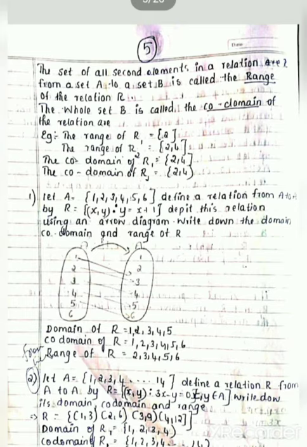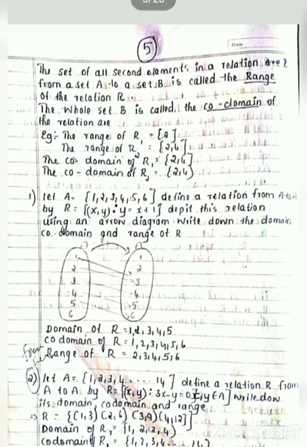Now problems on this. Let A = {1, 2, 3, 4, 5, 6}. Define a relation from A to A by R = set of all (x, y) such that y = x + 1. Depict this relation using an arrow diagram.